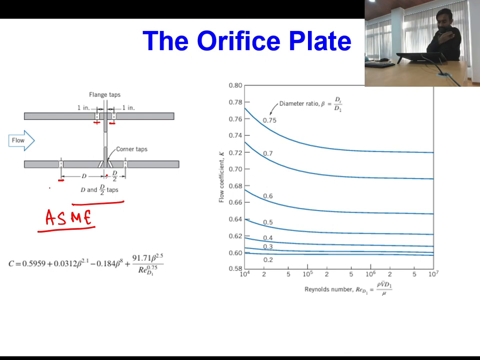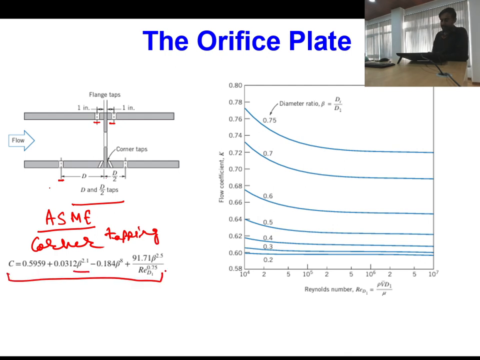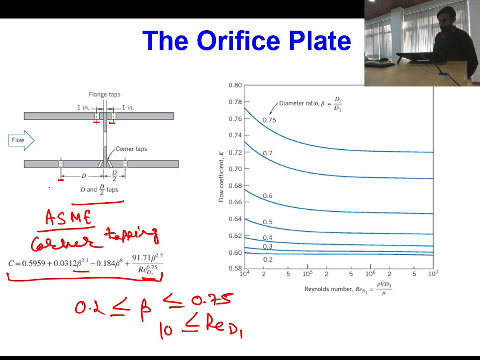And typically for the corner tap arrangement, your coefficient varies with beta and Reynolds number by using this particular correlation. But this correlation is applicable for values of beta within the range of 0.2 to 0.75 and for Reynolds number range of 10 to power 4 to 10 to power 7.